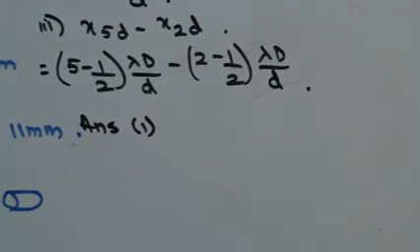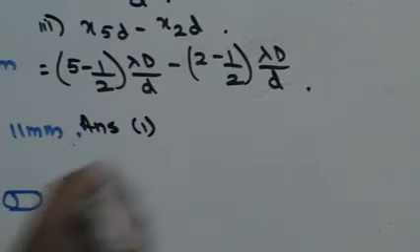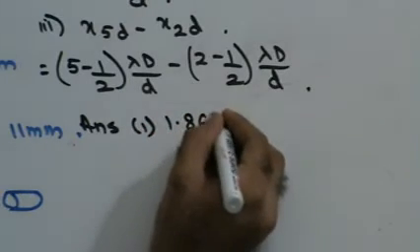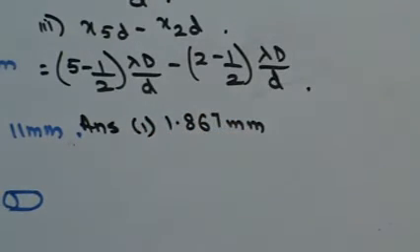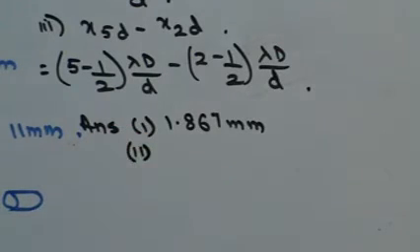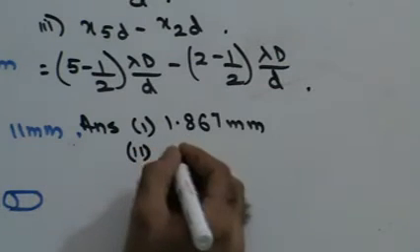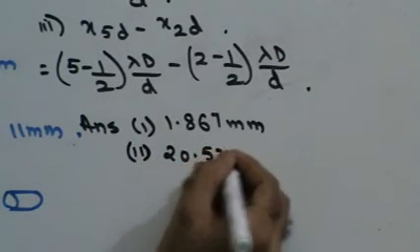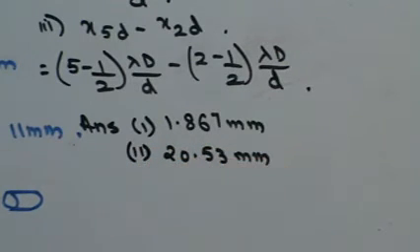Right? You should get the answer for the first part, that is my fringe width, should come out to be 1.867 millimeters. And second part of the question, the distance between the 8th bright and the 3rd bright should be 20.53 millimeters.